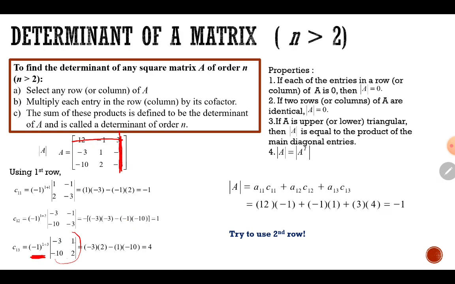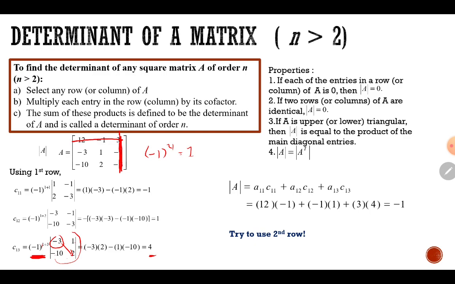And dia punya kuasa pula kat sini negatif 1 sebab kita potong first row third column. So 1 plus 3, negatif 1 power of 4, you akan dapat positif. Okay, positif, so that's why tak ada darab dengan negatif kat depan tu. Negatif 3 ni darab dengan 2. Okay, tolak negatif 1 darab dengan negatif 10. So you dapatlah 4. Faham tak?